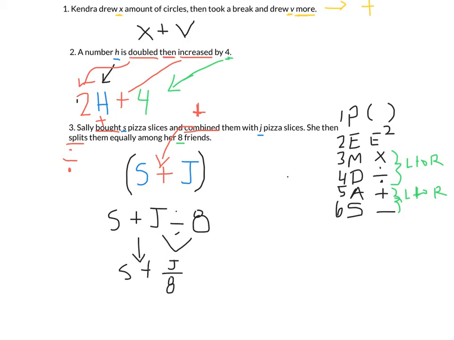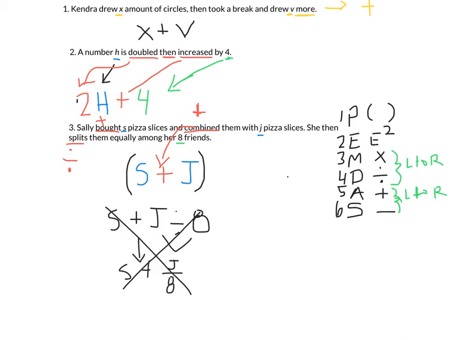And that is not actually our problem. This is not what we're doing. Why aren't we doing that? Well, because we're not seeing what the additional slices of pizza divided up by 8 are equal to after you add in the amount of pizzas that Sally bought.